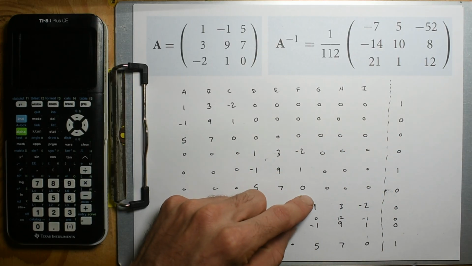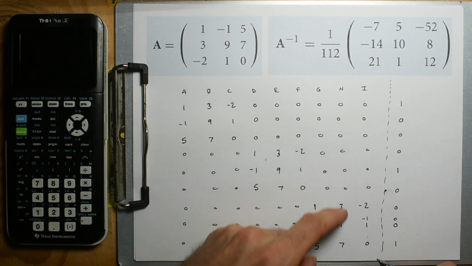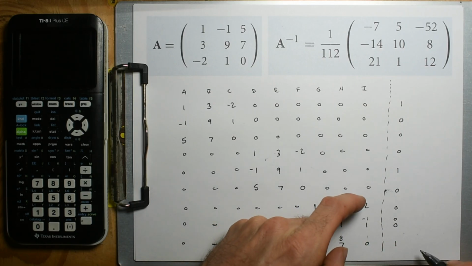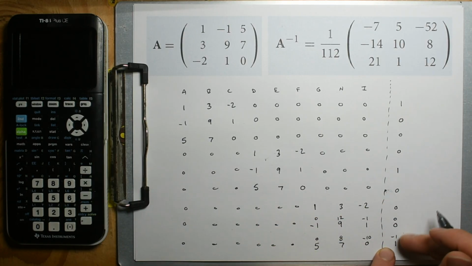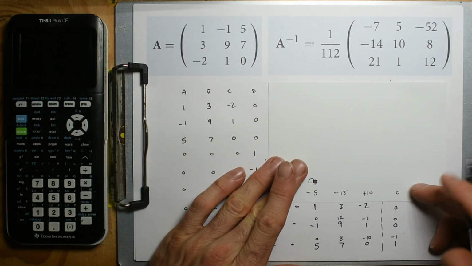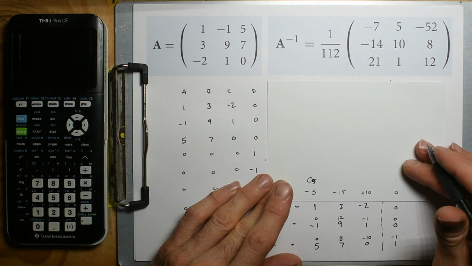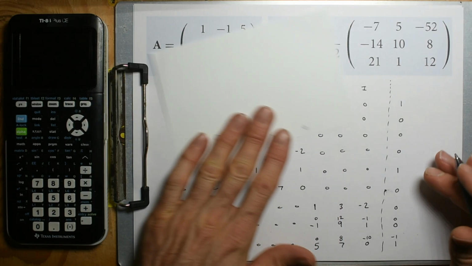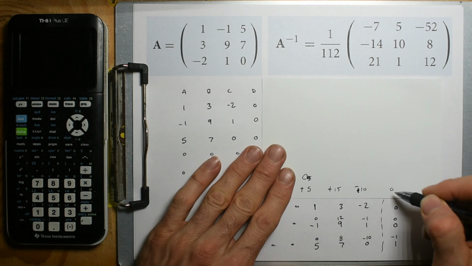So I know I'm going to increase this by 5. I'm going to say 5 minus 5 is 0. This is going to be 15 minus 7 is 8. This is going to be negative 10 minus 0 is negative 10. 0 minus 1 is going to be negative 1. Huge place for errors right there. Because the way I chose to do it was I chose to do this positive, positive, negative 10 and 0.